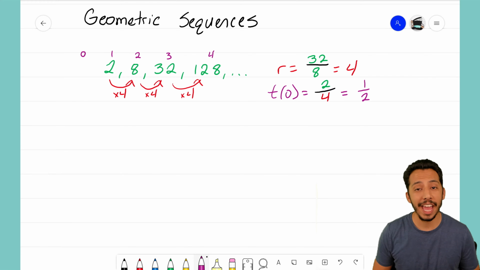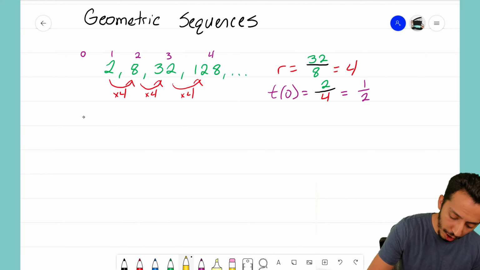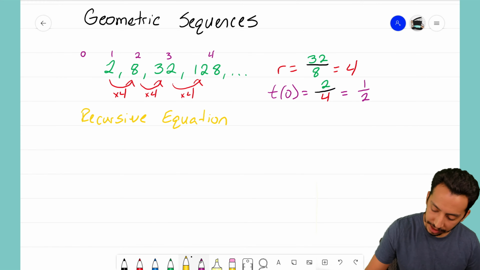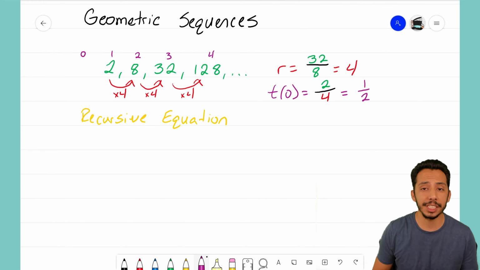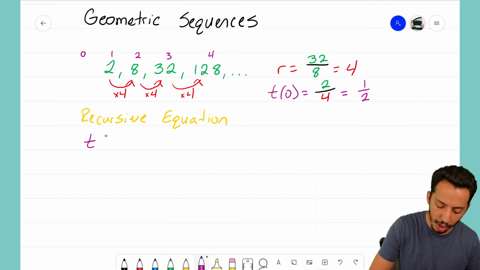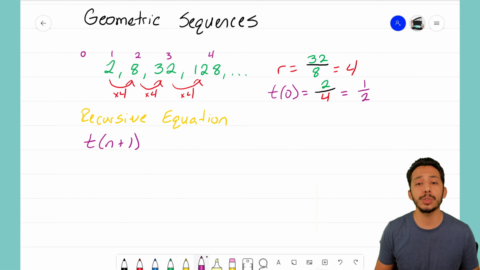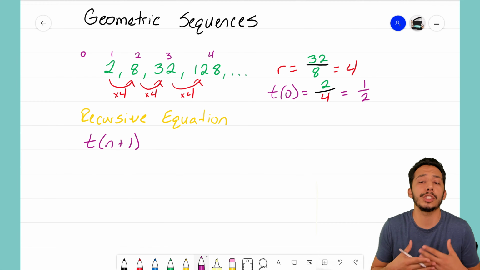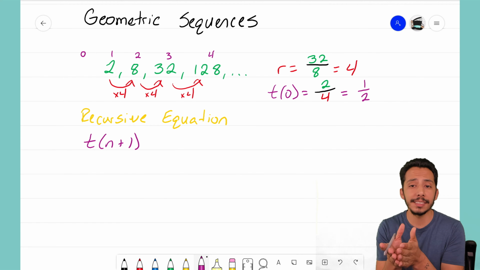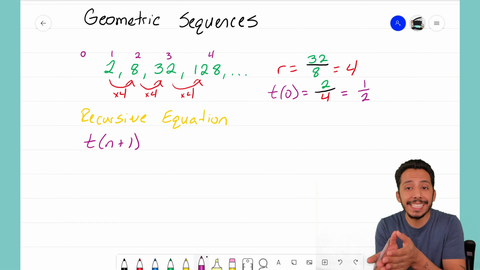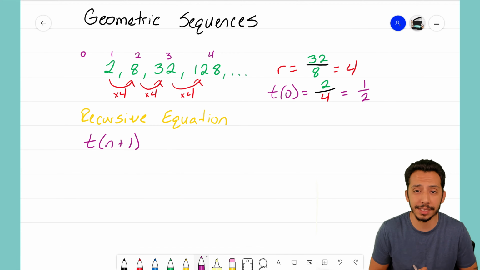Let's go ahead now and write out what our recursive equation would be. Just like with the arithmetic sequence, the recursive equation is also going to start off with t of n plus 1. Remember that n plus 1 just refers to the next term in your sequence.